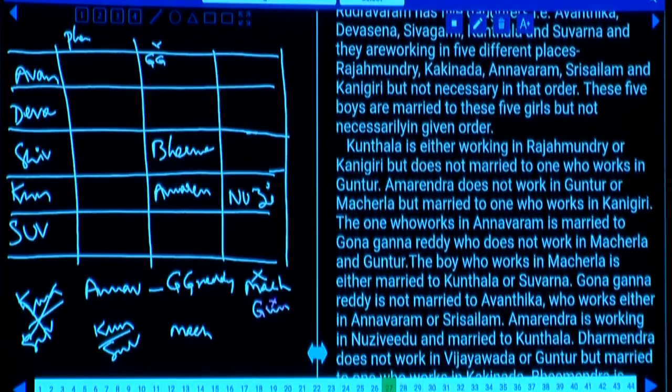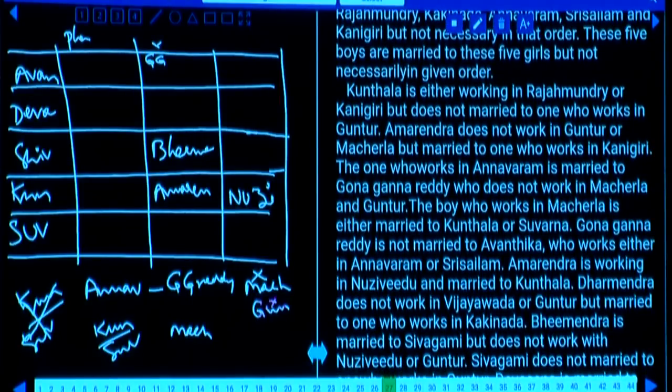First information: Kuntala is working in either Rajahmundry or Kanigiri, but is not married to the one who works in Guntur. Amarendra does not work in Guntur or Machalla, but is married to the one who works in Kanigiri.